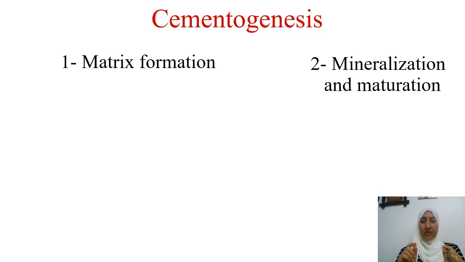And we have to mention that in cementogenesis, as in dentinogenesis and osteogenesis, the second part of formation is mineralization and maturation, while the formation of enamel, or amelogenesis, consists of matrix formation and maturation. Why maturation in enamel?